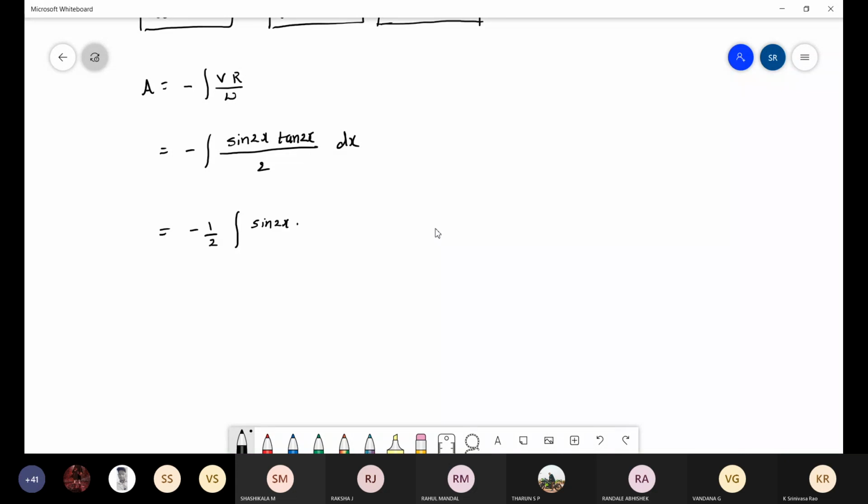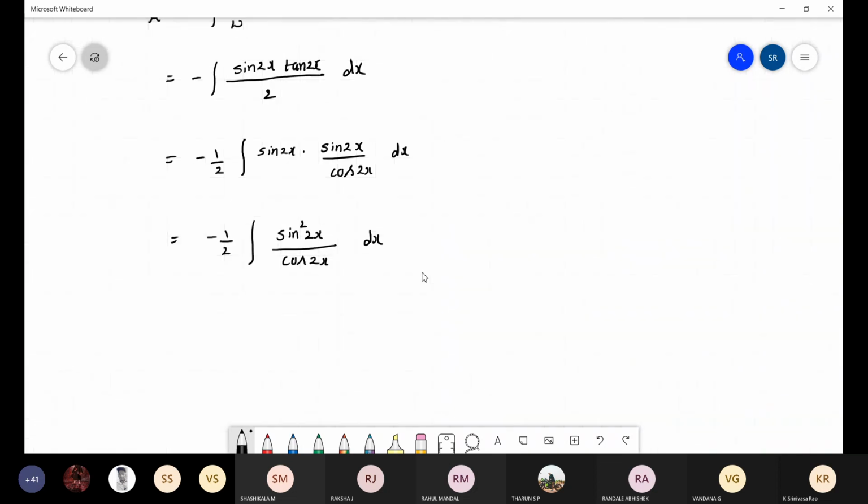Tan 2x can be written as sin 2x divided by cos 2x dx. So that becomes minus 1 by 2 into integration of sin 2x into sin 2x, which can be written as sin square 2x divided by cos 2x dx.